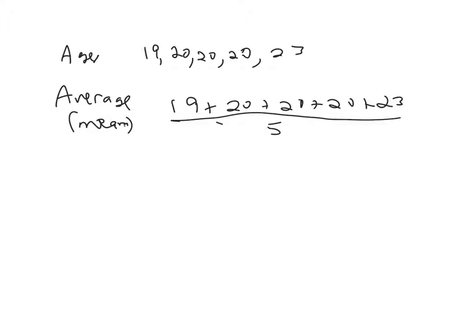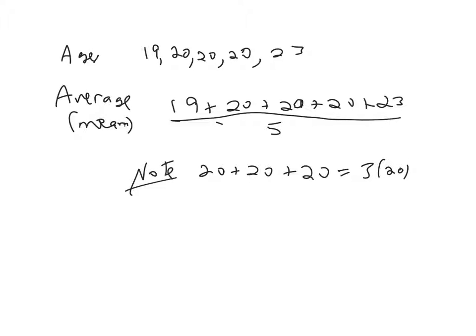Notice that adding 20 to itself 3 times is not a big deal here because there's only 3 of them, but if I were to take that 20 plus 20 plus 20 I did in the middle, that's the same thing as just saying 3 times 20.